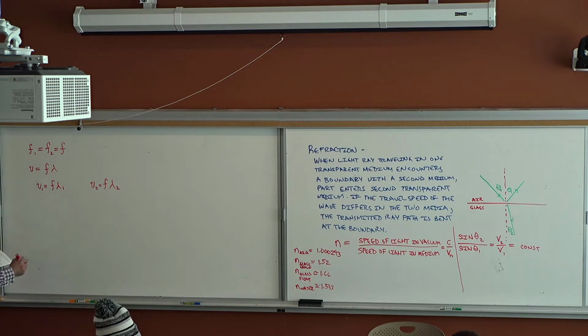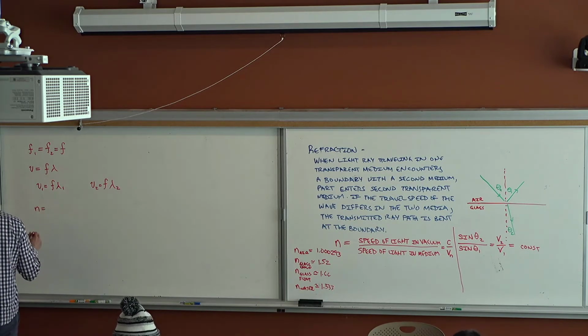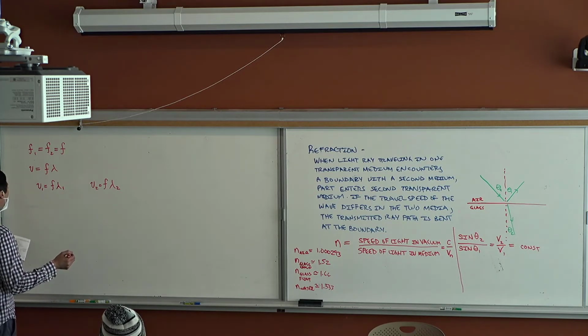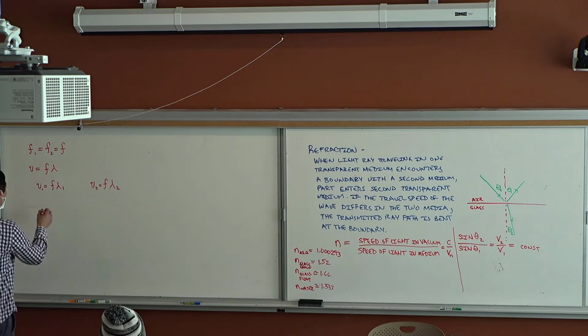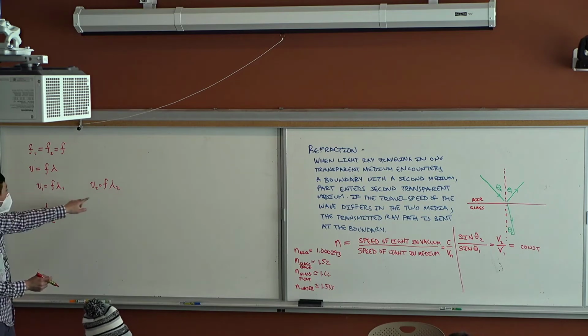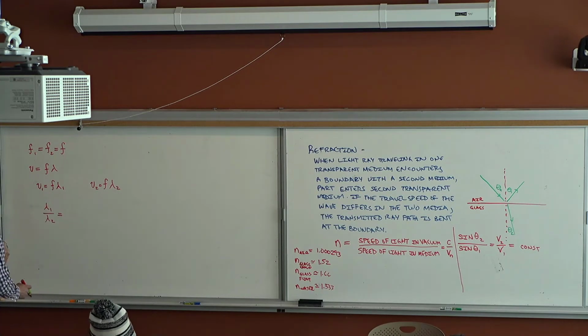Then we also have that n, well, let me do it more gradually. Wow, it's a giant. If I want lambda 1 divided by lambda 2, so lambda 1 is v1 over f, lambda 2 is v2 over f.